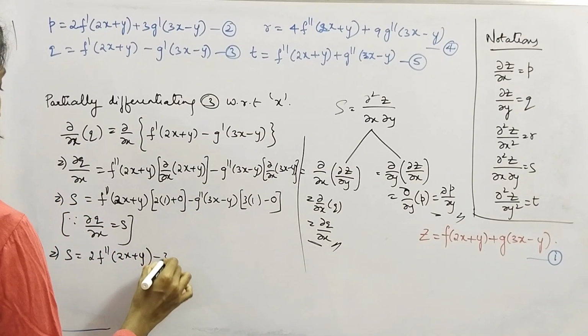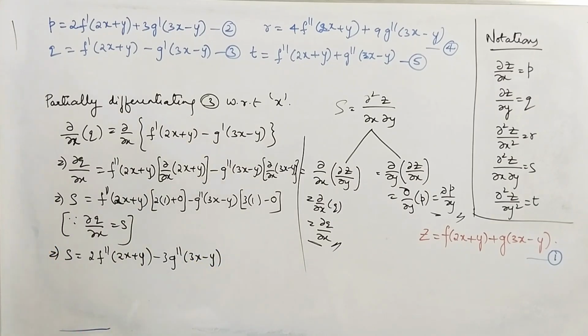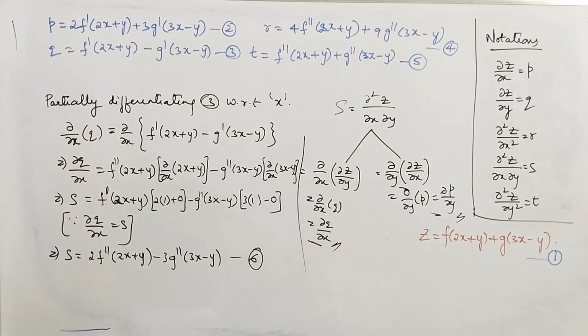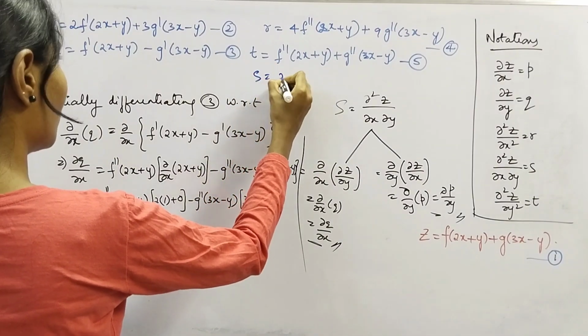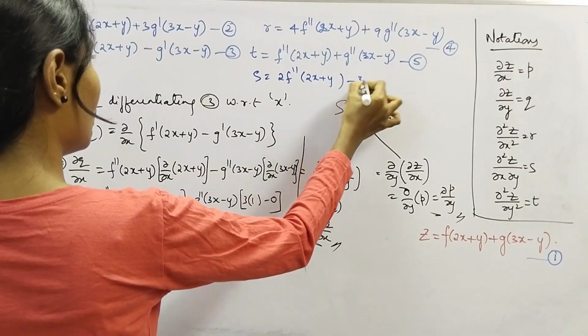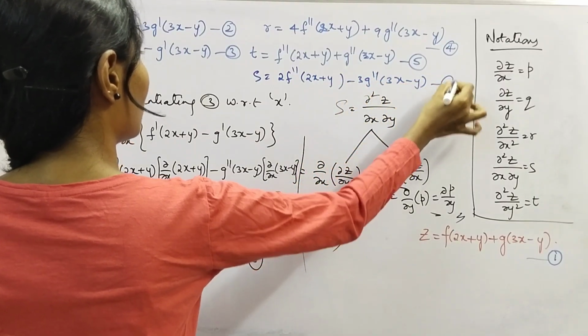We'll get minus 3 into g'' of 3x minus y. Okay, fine. Now we got s. Consider it as equation number 6. That is, we got the equation involving s here, right? We got s equal to 2f'' of 2x plus y minus 3g'' of 3x minus y.